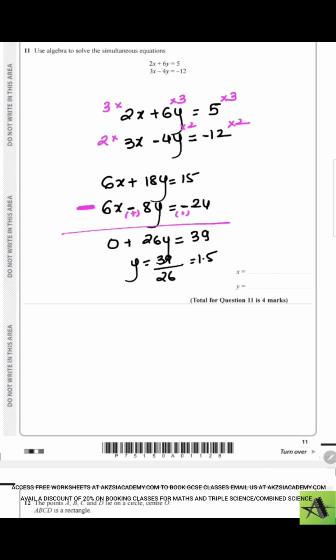Now similarly, I can calculate the value of x, but simply what I need to do is substitute into either of the equations. In any one of them you can put it. That's the meaning of simultaneous equations, where both equations have the same value of x and y. And one more thing, if it's given as two straight lines with these equations, what will be the point of intersection?